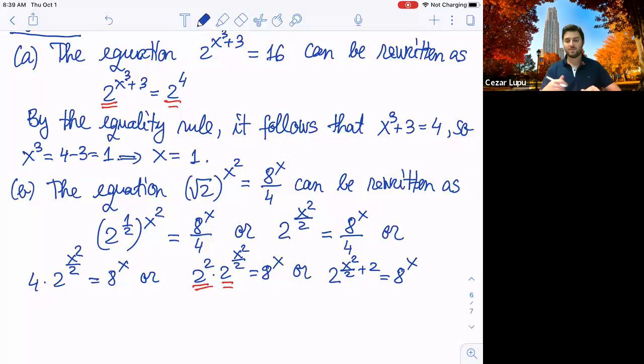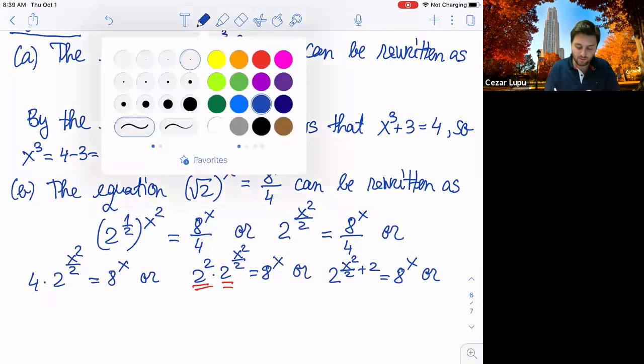Well, but we have to do something. As you see, I have 2 to some power equals 8 to some power. They don't quite look the same yet, but maybe we should do something about it. And indeed, we can do it. Maybe we should rewrite that 8 to the power x in a certain way.